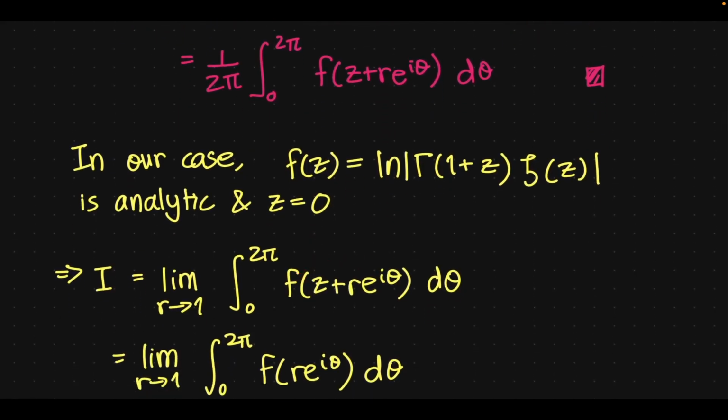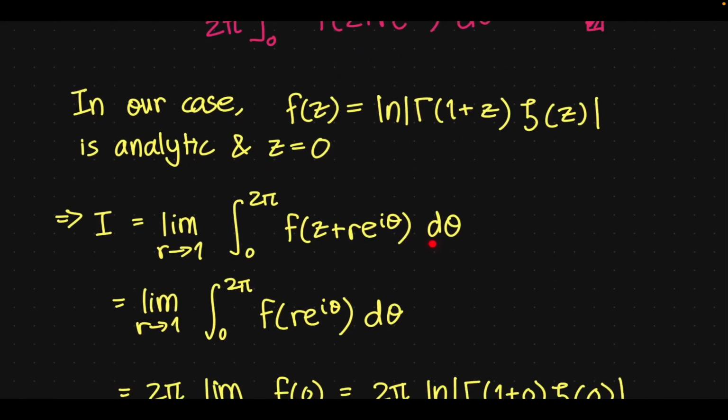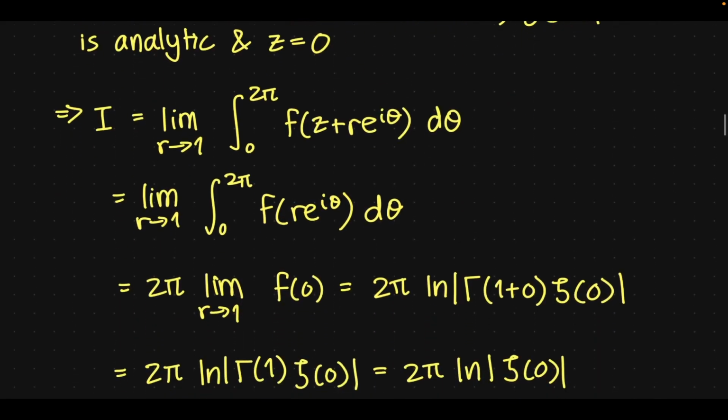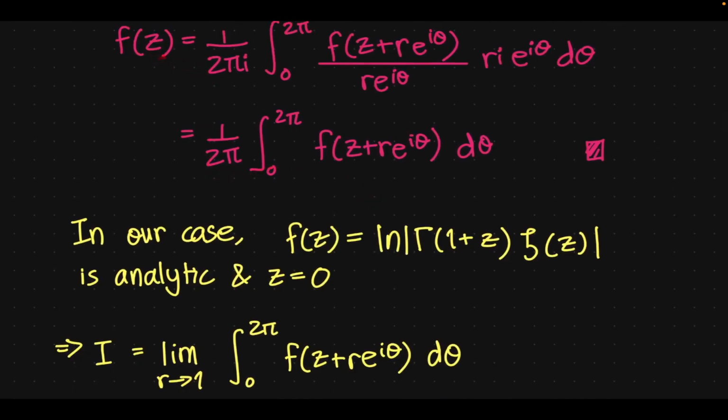And we just have, from the Gauss Mean Value Theorem, this integral, limit r goes to 0, 2 pi, f of z plus r e to the i theta d theta. I'm writing z just for the sake of generality, equals, by the Gauss Mean Value Theorem, limit r goes to 1, integral 0 to 2 pi f of r e to the i theta d theta. And now we just substitute this left hand side here.